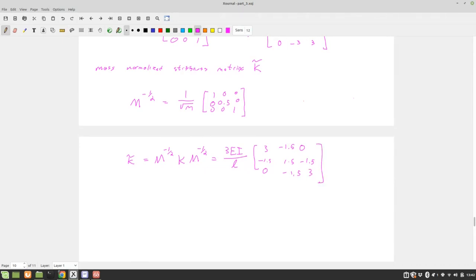Obviously, I've pre-solved these. I am not doing them in my head. But anyone have any questions about that? That makes sense. Just basic pointwise linear algebra.